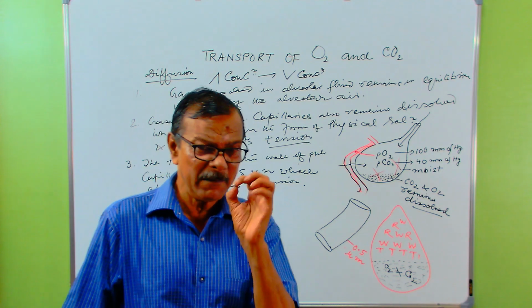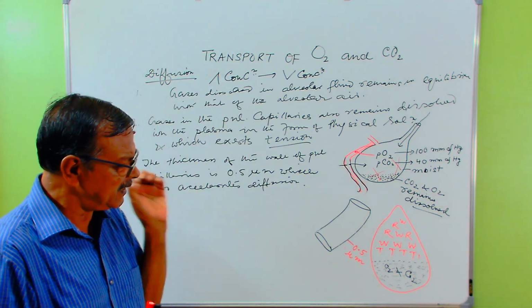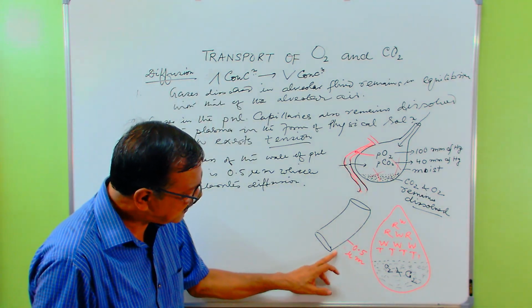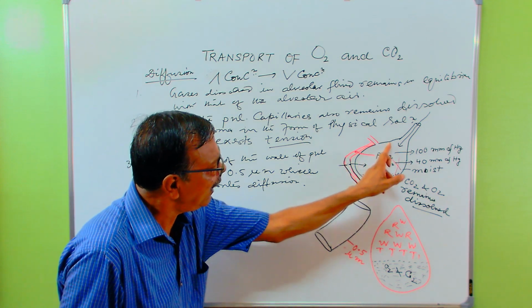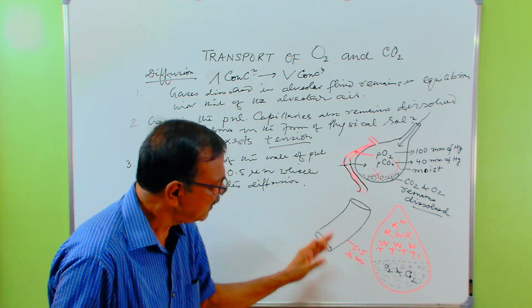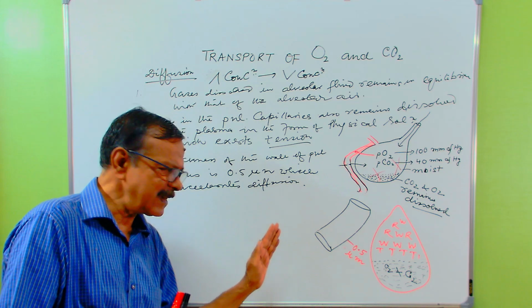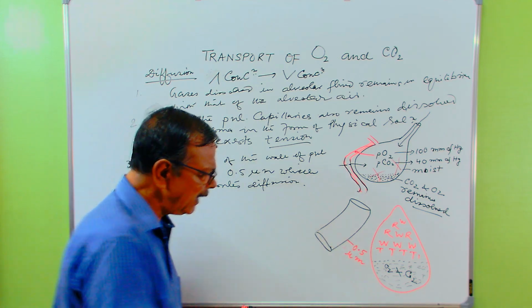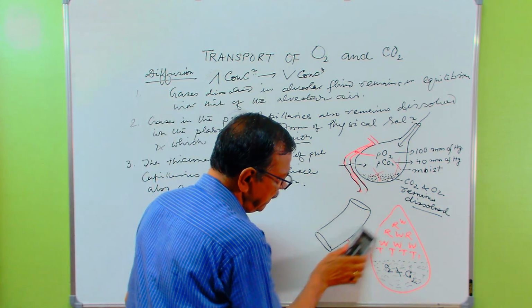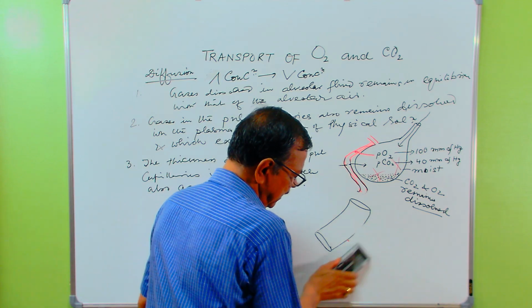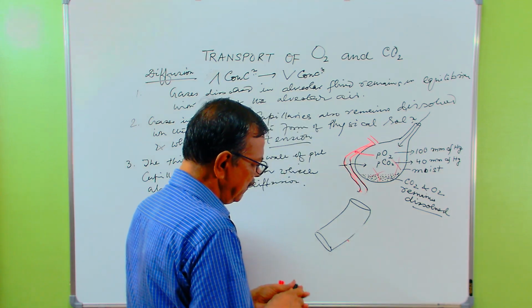Another point is very, very important. Please mind it. This is touching the wall of the alveoli. This portion is on the other side. This portion is touching the alveoli. I am making this a bigger one. This is alveoli.